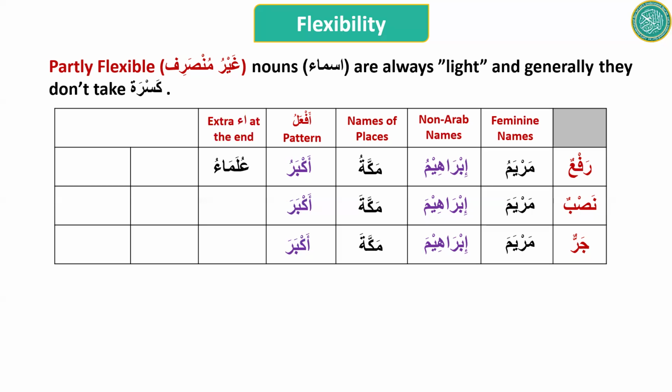Words ending with an extra alif and hamza at the end: Ulama'u. It will not be Ulama'un. Ulama'u, Shurafa'u, Ghuraba'u. Words like this that have an alif and then hamza at the end.